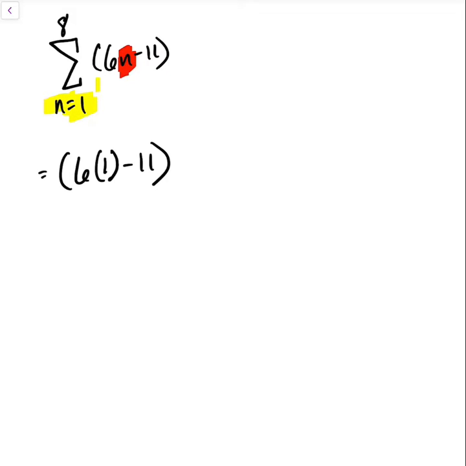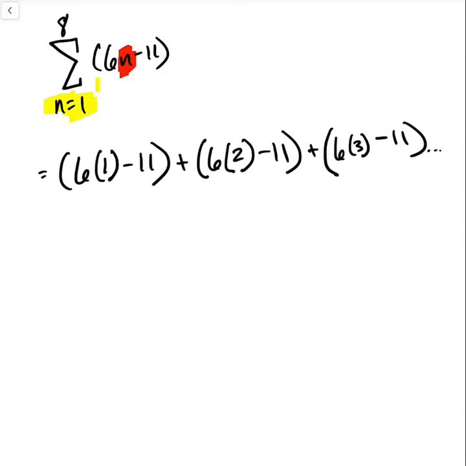And again, this is a summation, so I'm adding the value of the next term as well. My n is now replaced with my second term, 6 times 2 minus 11. Then I do the same thing with my third term, 6 times 3 minus 11, and I continue doing this all the way till I reach 8.